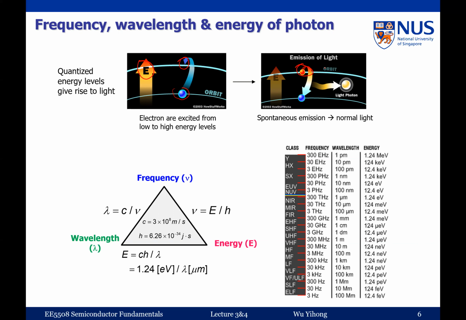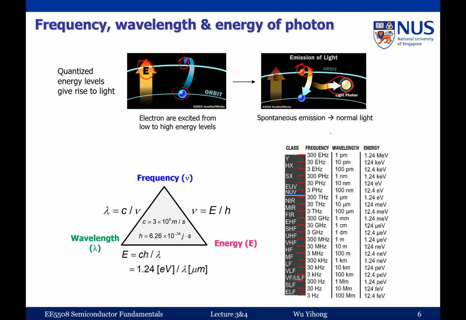During this process, you can convert this energy to different forms of energy. For example, you can convert it into heat. But if you have the right environment or right material, it may also convert this into electromagnetic energy, which is basically light. So this is called radiative recombination.